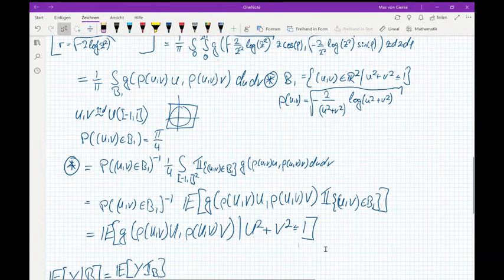So we condition these two uniform random variables, which are on -1 to 1, to be in the unit sphere.